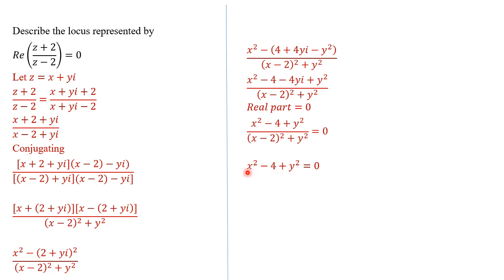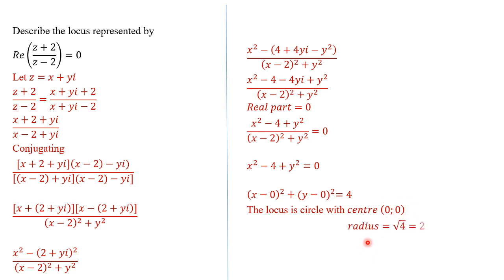So automatically you can see this becomes (x minus 0) squared plus (y minus 0) squared equals 4. So you can see clearly this is the equation of a circle with the center at the origin and the radius of root 4, which equals 2. So this is the locus being represented by this equation, real of (z plus 2) over (z minus 2) equals 0.